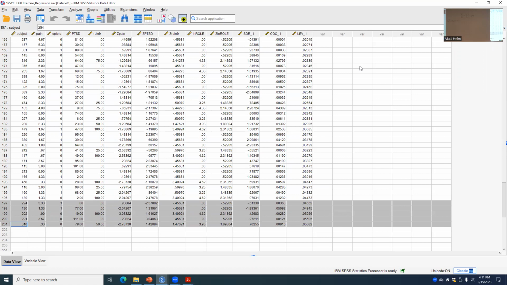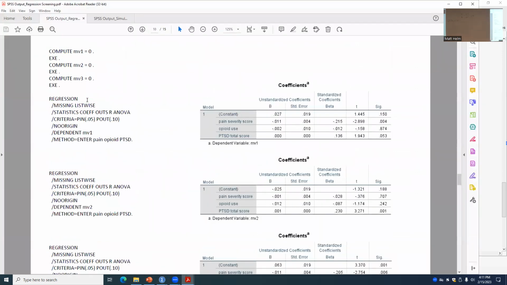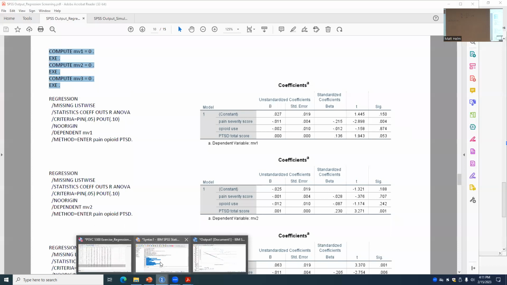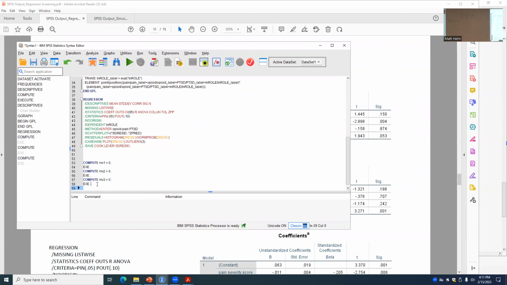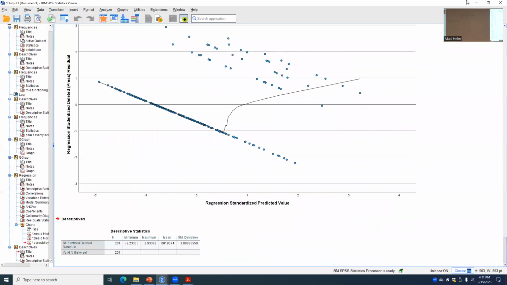I'm going to set up a command where I compute 3 new variables, MB1, MB2, and MB3. I'll just copy this out. I'm just going to create 3 new variables that are all going to be equal to 0.